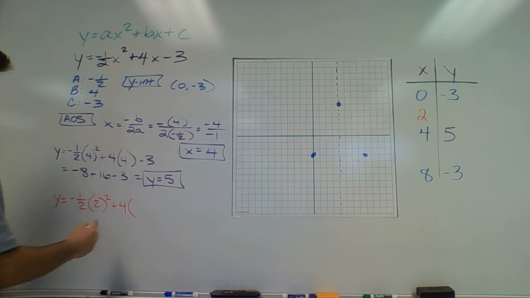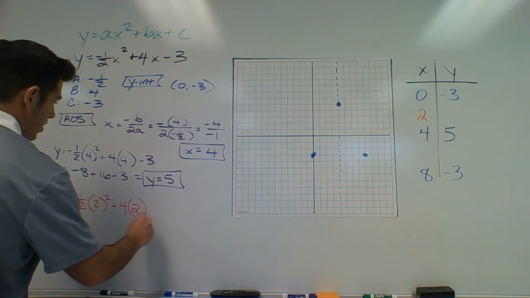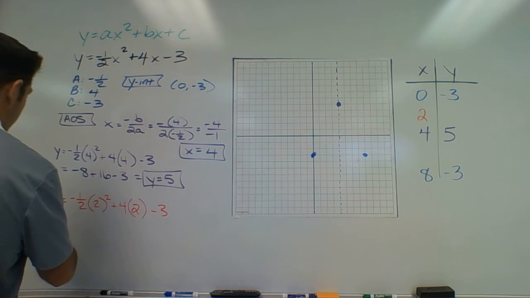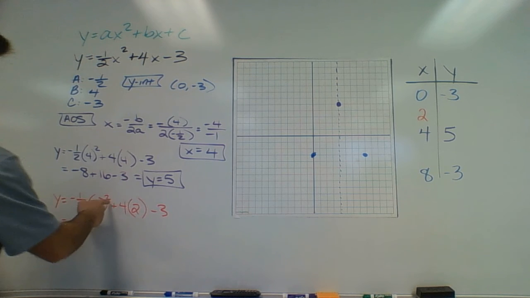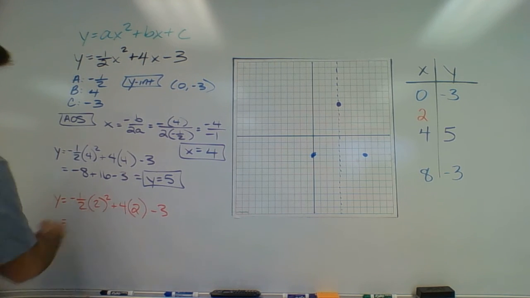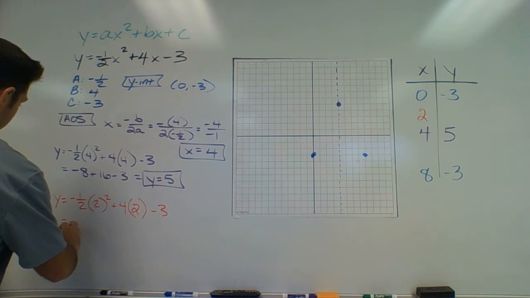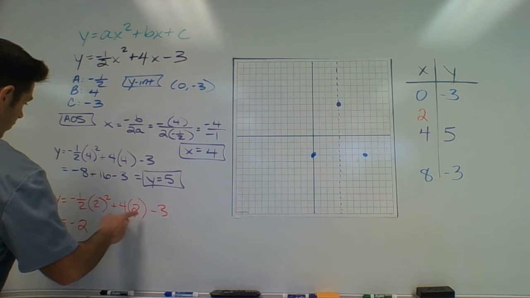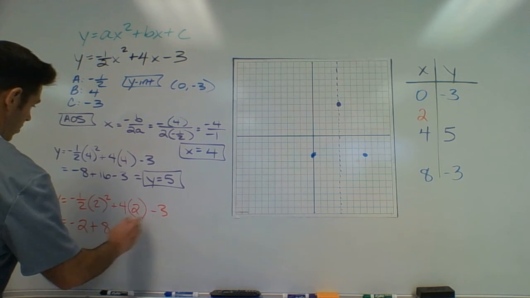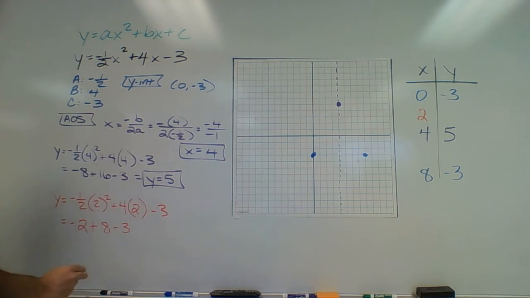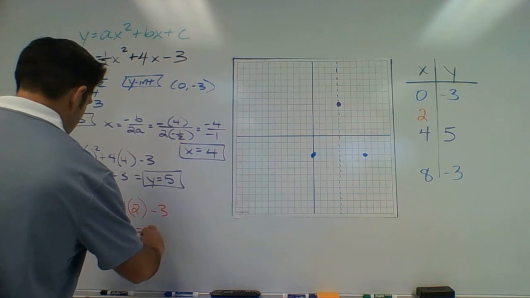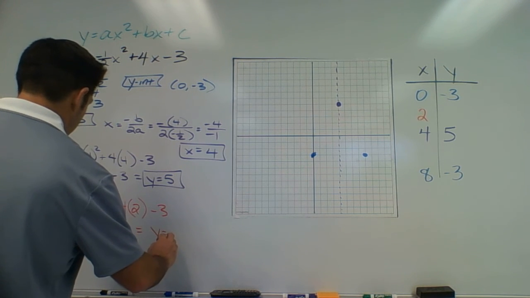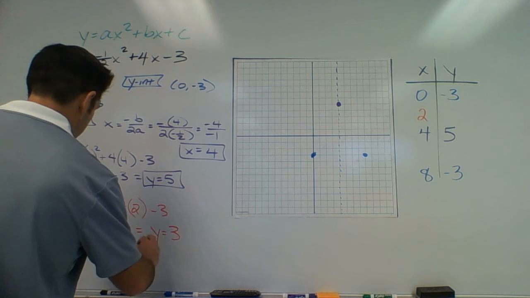Got to do a little bit of math work, although we're certainly able to plug this into a calculator if need be. 2 squared is 4. 4 times negative a half would be negative 2. 4 times 2 is 8. Got the negative 3 out there. And we get a y value of 3.